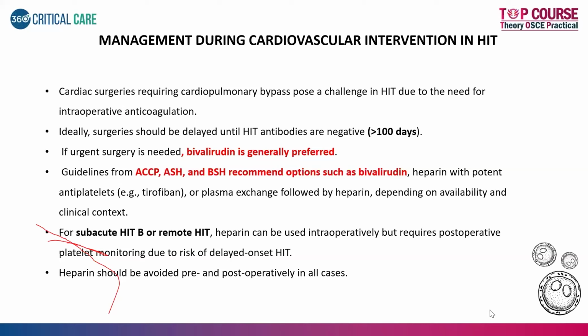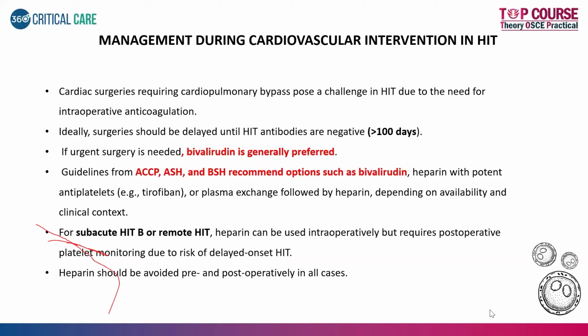What do we do in certain case specific scenarios like patients on cardiopulmonary bypass, etc.? All these patients again can develop HIT, right? So in these cases, the alternative that can be used is bivalirudin. If the patient has progressed towards remote HIT or HIT B, you can still think of using heparin in patients wherein we do not have any other alternatives available, but you should always be ready to diagnose it and treat it. Cardiovascular intervention is one tricky scenario wherein we have to keep a very close watch.